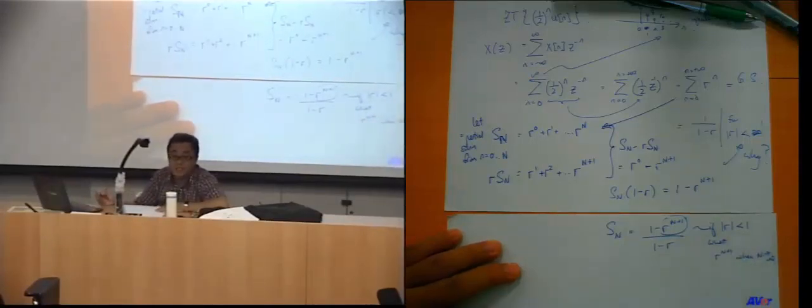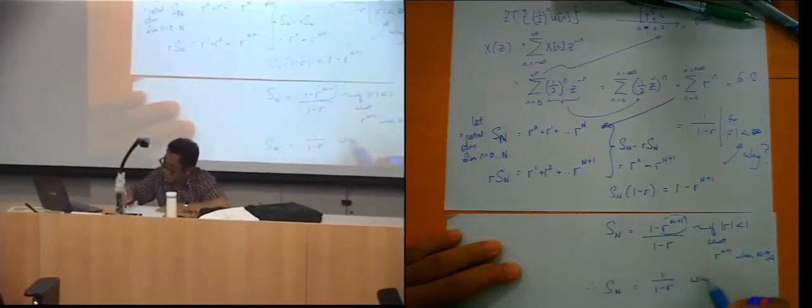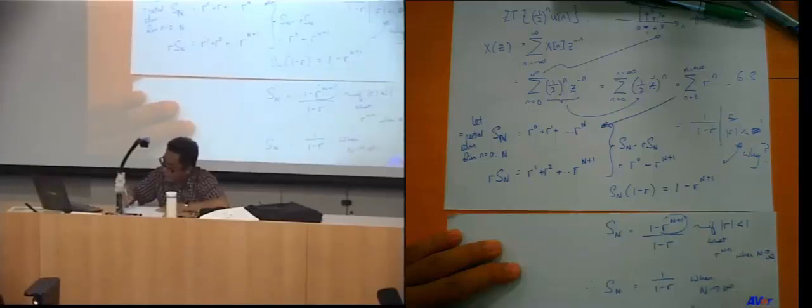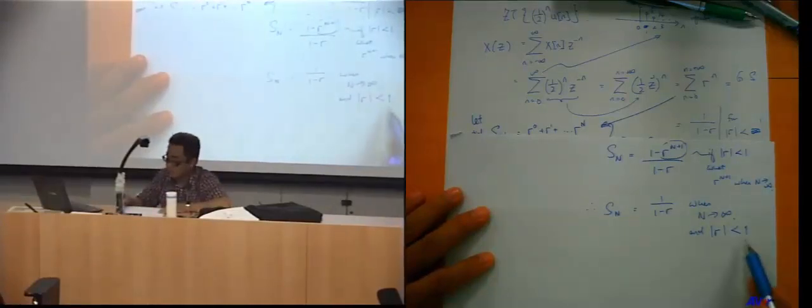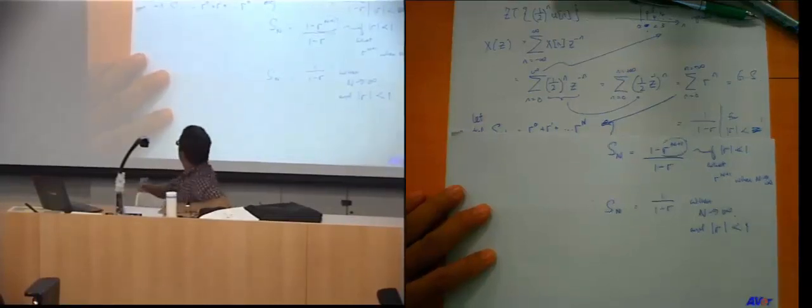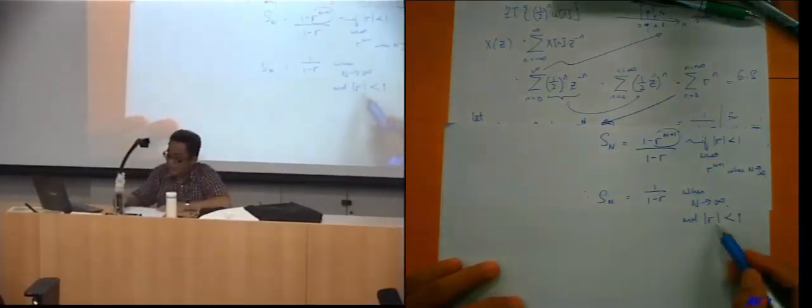It goes to 0. Therefore, S_N, when N tends to infinity and r is less than 1, equals 1 over 1 minus r. So what is r again?